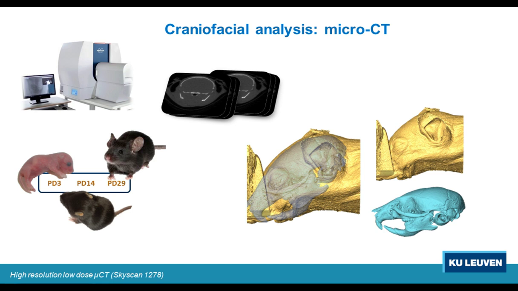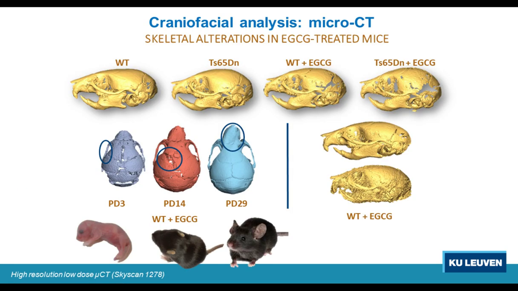We have developed and optimized this with our microCT scanner so that there's definitely no influence of the radiation to these mice, so that we don't induce any dysmorphologies just by scanning. So we can follow this up with our protocol, and even though we have to compromise a bit on image quality so that the protocol is low dose, the images are of a very high quality that allows us to evaluate very many different things.